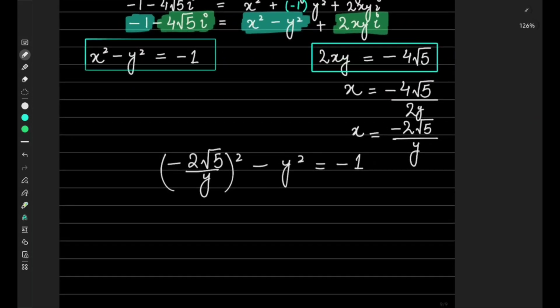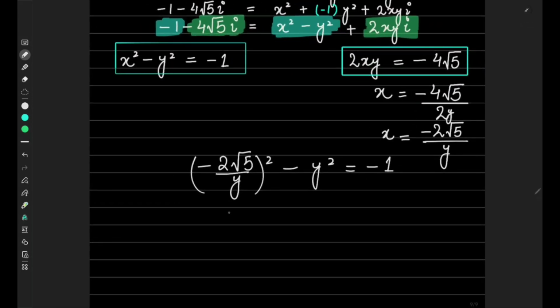Now solving this, 4 times 5 when you square it, divided by y square, minus y square equals minus 1.